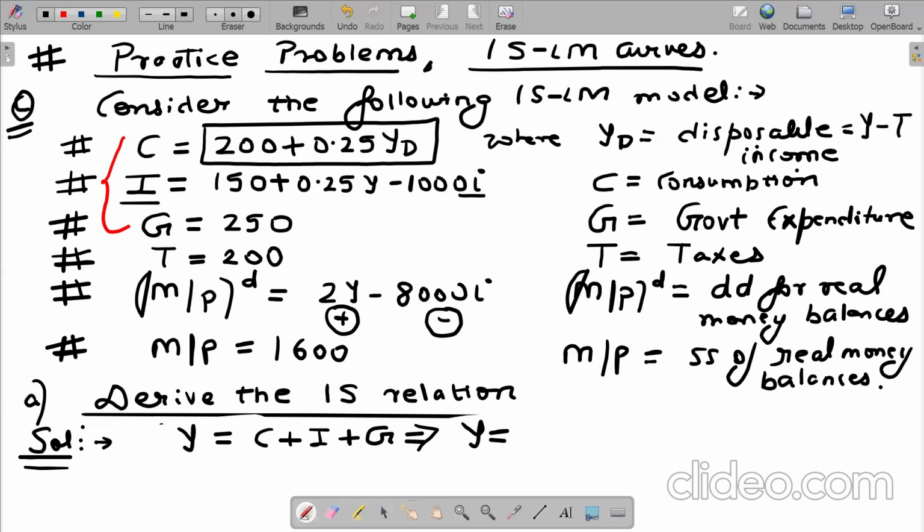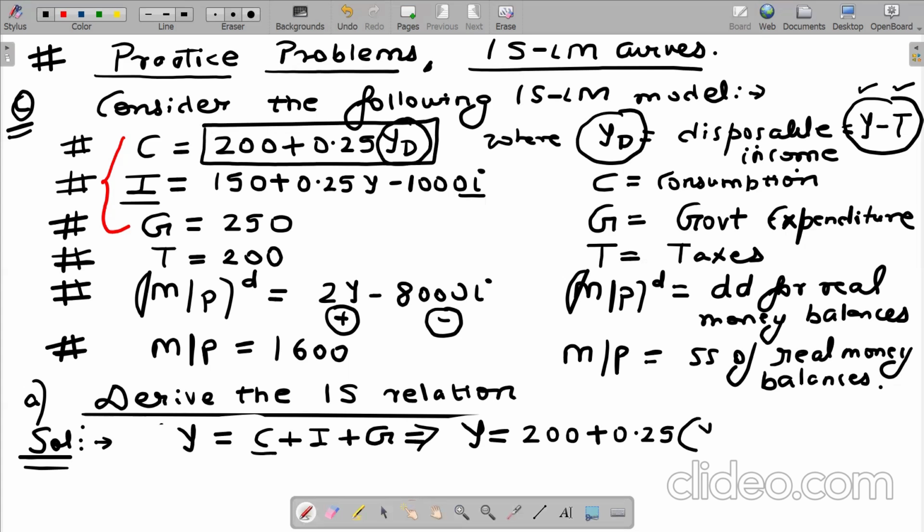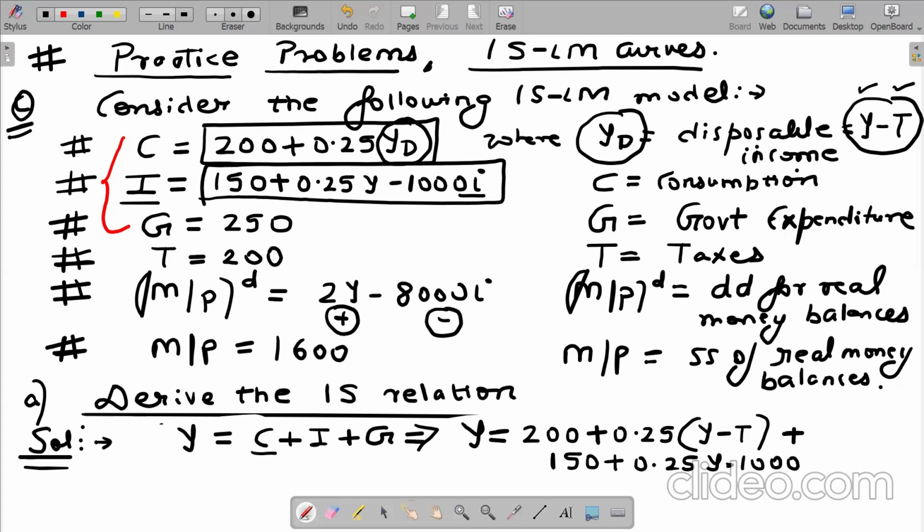So YD is equal to Y minus T. My disposable income is the income minus the taxes I pay. So it's going to be C, which is 200 plus 0.25, and instead of YD, I can write Y minus T, plus I, so I can substitute the value 150 plus 0.25 Y minus 1000 i, plus G, which is how much? 250.